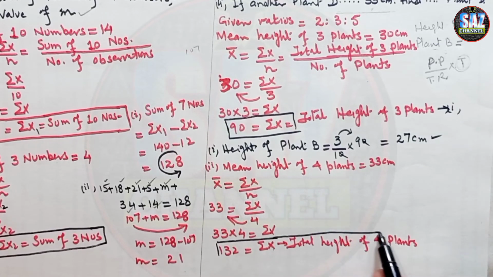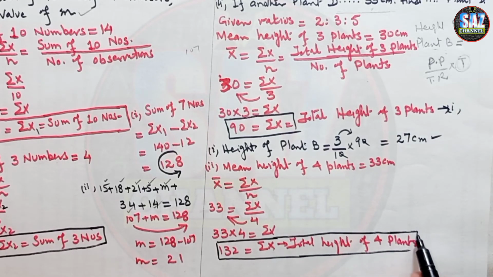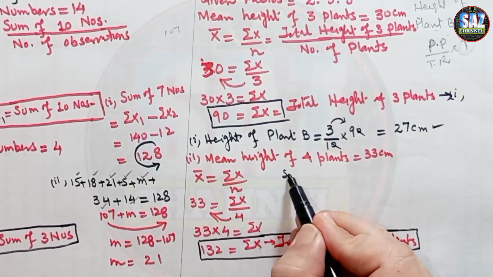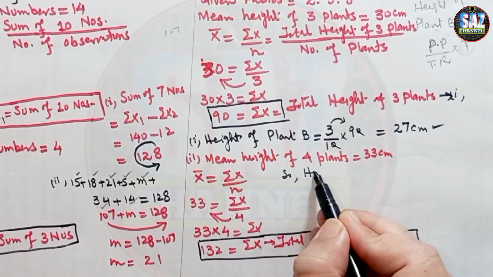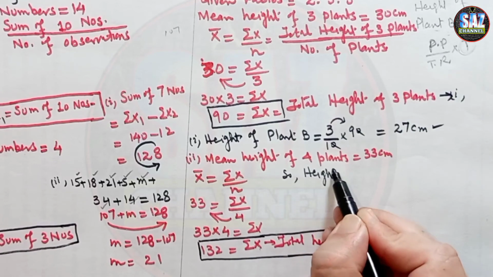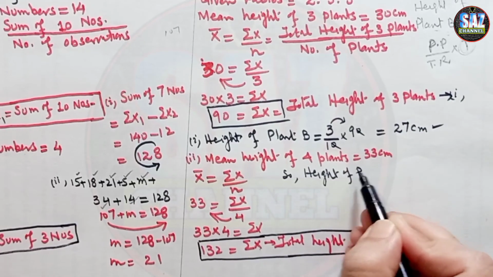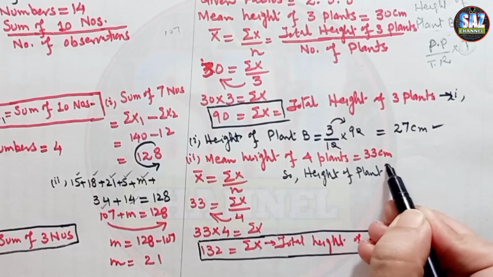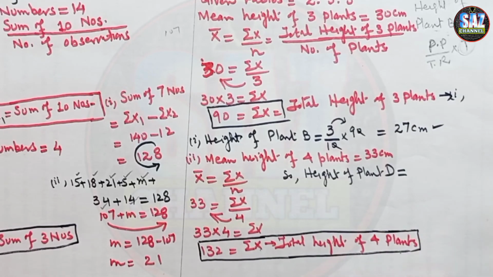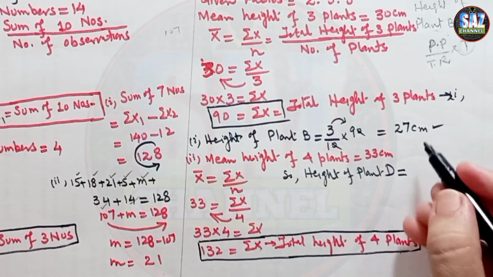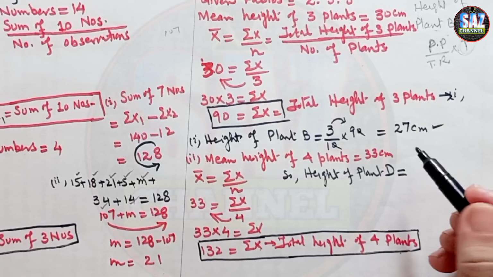The requirement of the question is that we have to find the height of the 4th plant which is newly added, or height of plant D. So height of plant D, or the 4th plant, will be equal to the height of 4 plants minus the height of 3 plants.